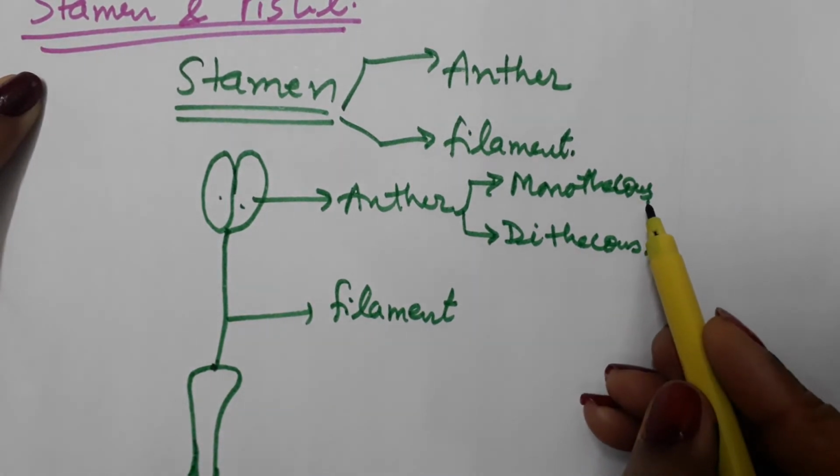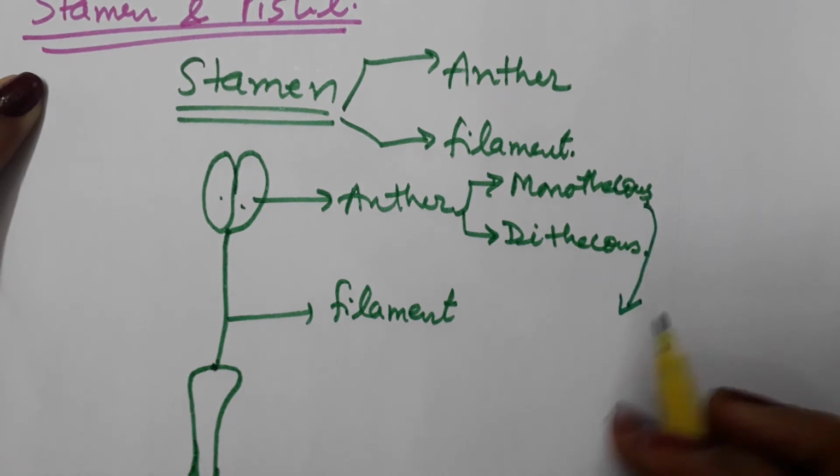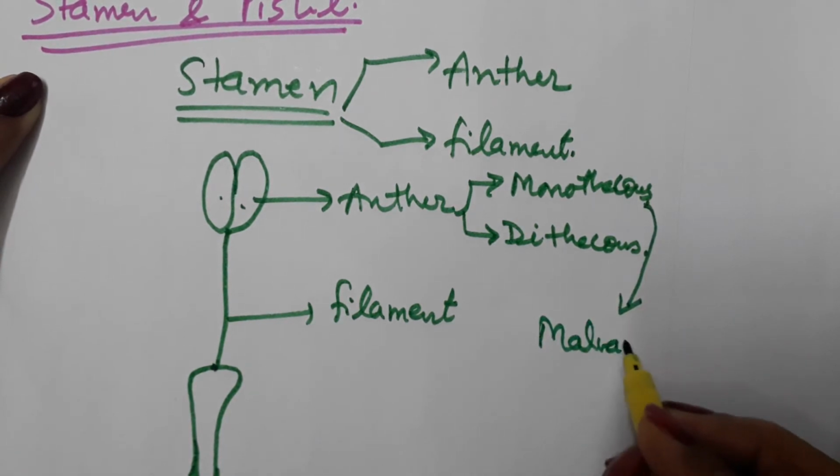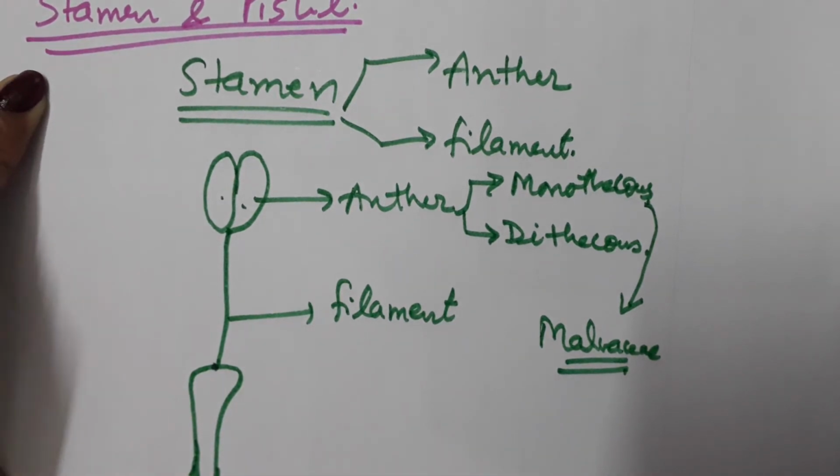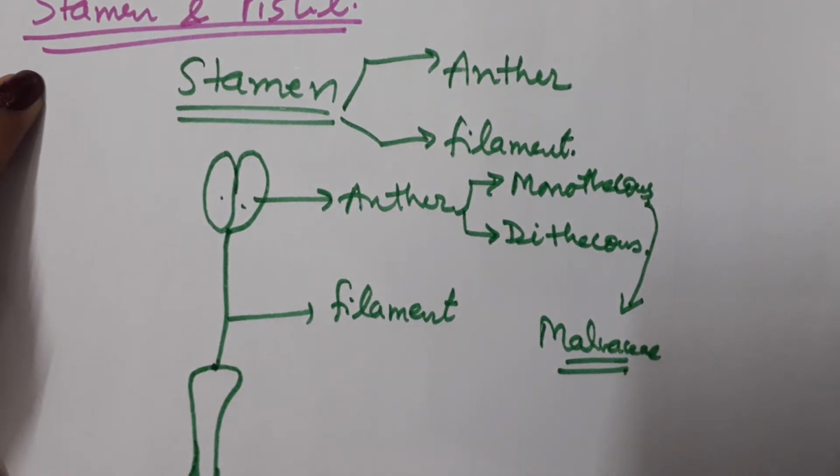Monothecous anther we see in the case of the Malvaceae family. There is only a single lobe in the anther, which represents the monothecous condition. But usually in nature the dithecous anther is present, and in the anther two thecas or two lobes are present.